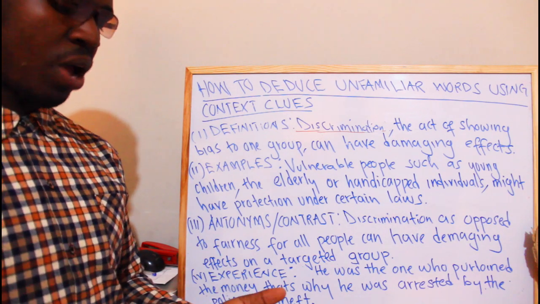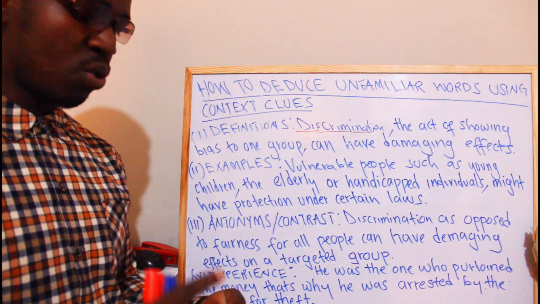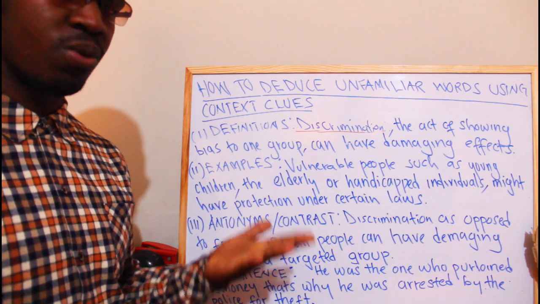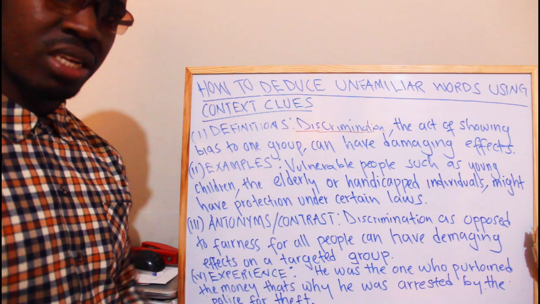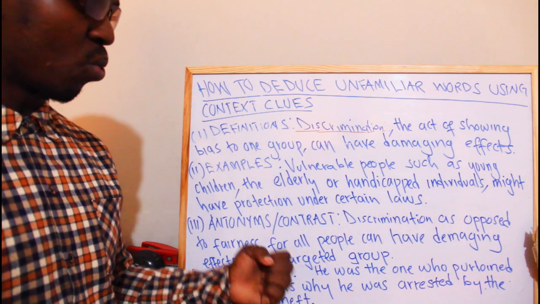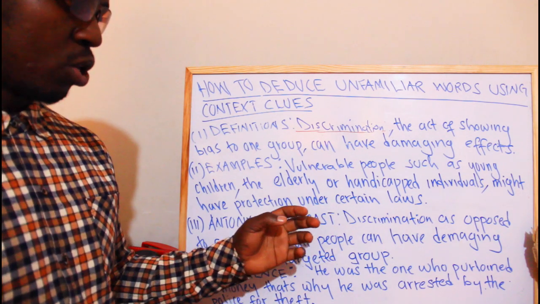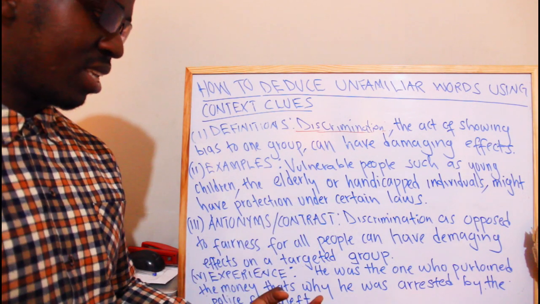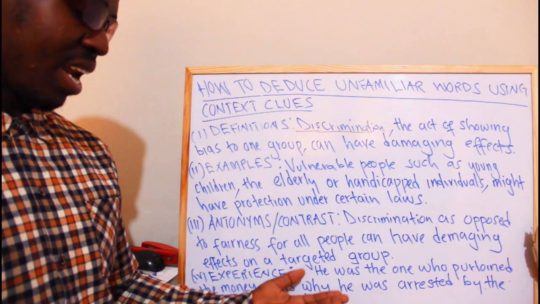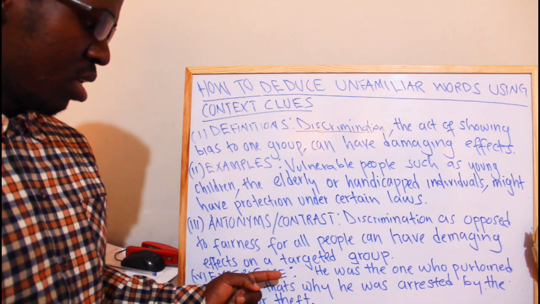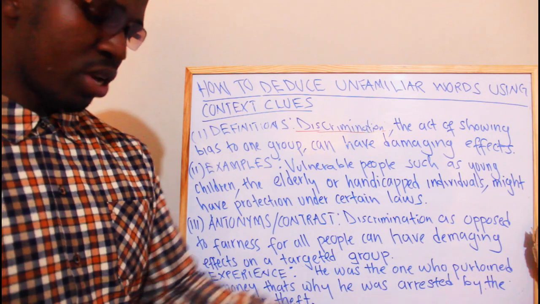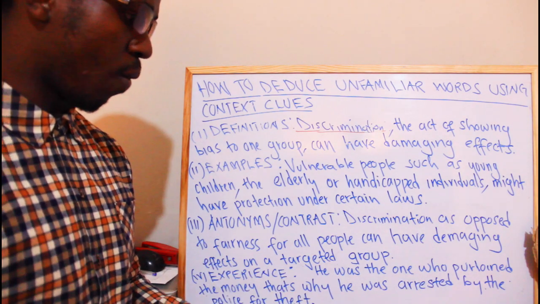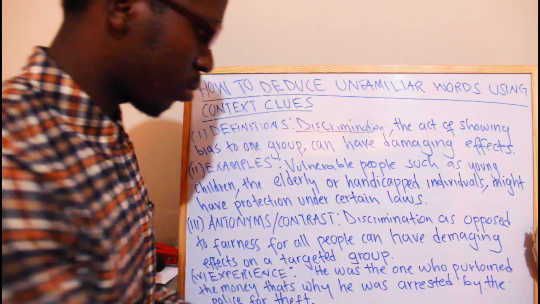So we have stealing, getting, withdrawing, and so on and so forth. All these guesses that we have come up with, we try to judge or analyze based on the context in which the word purloined, which we are looking for, has been used.